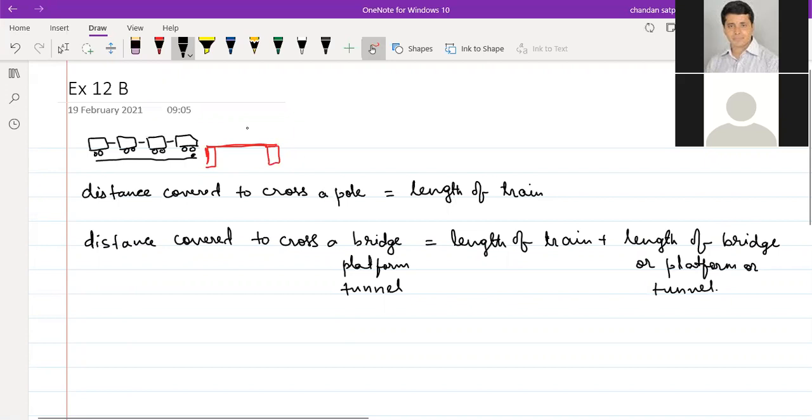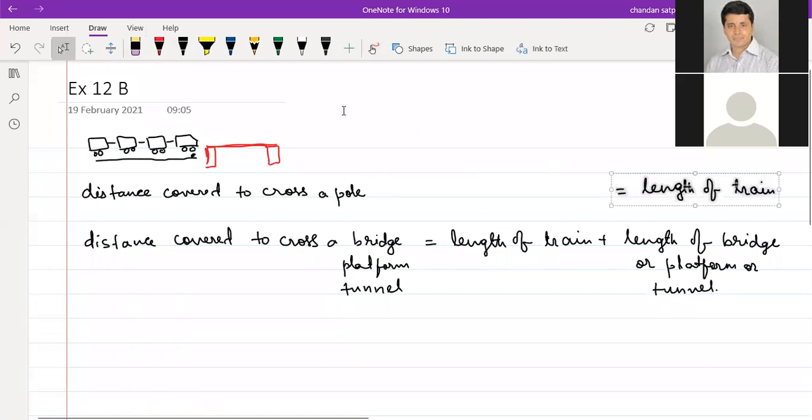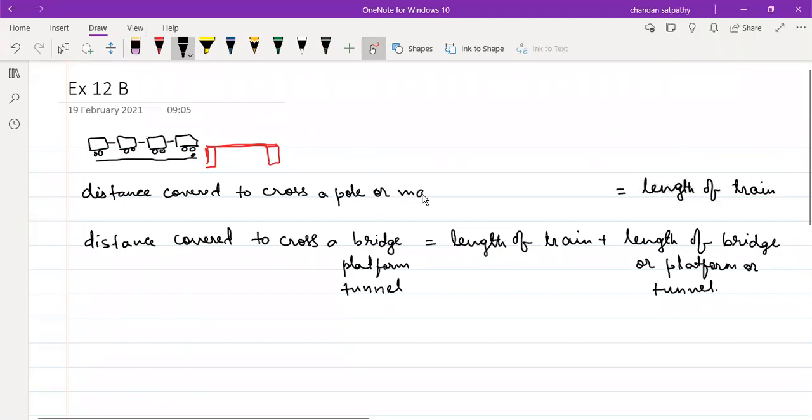Here also, to cross a pole, or man, or tree, all are the same rule. Okay, understood, students? Now we will start exercise 12b.